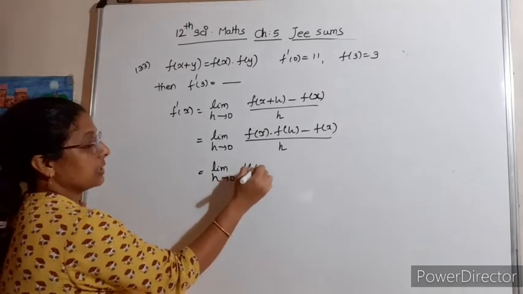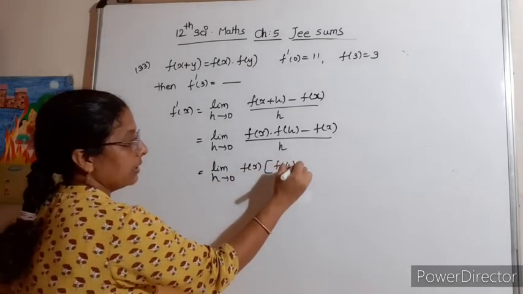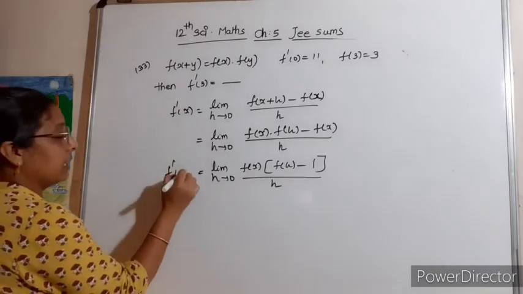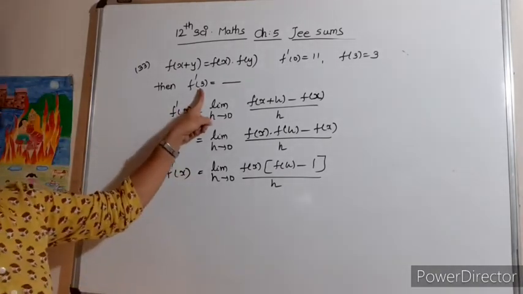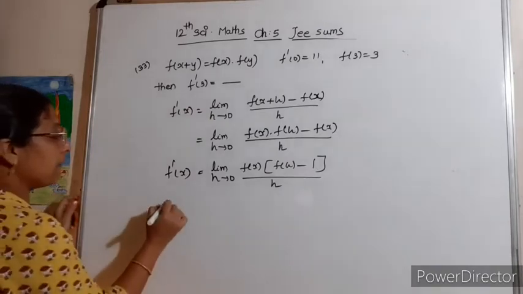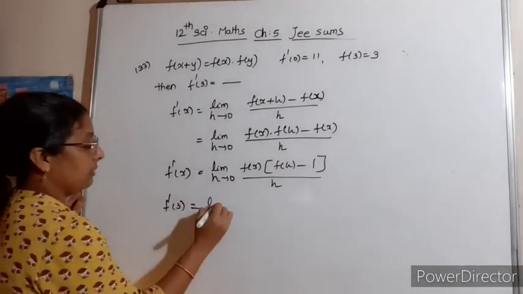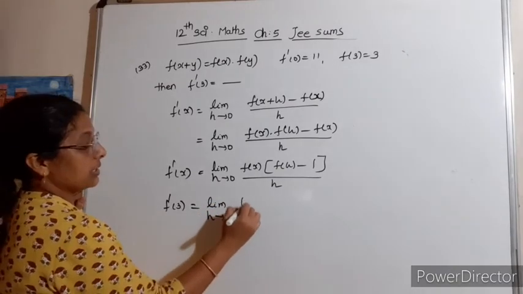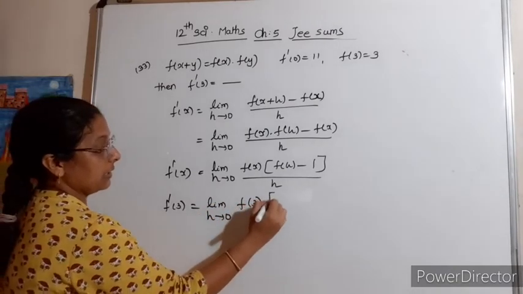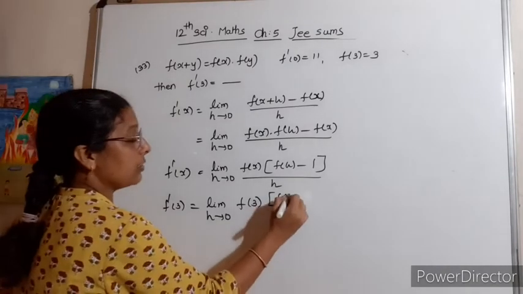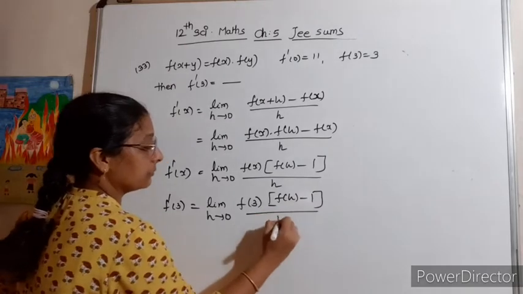Limit h tends to 0, f of x common, f of h minus 1 upon h, right? Then what? If this is f dash x, but we want f dash 3, so here we apply, instead of x it is 3. So limit h tends to 0, f of 3. Wherever it is x you will write 3, but जो h है वो तो ऐसे ही रहेगा.